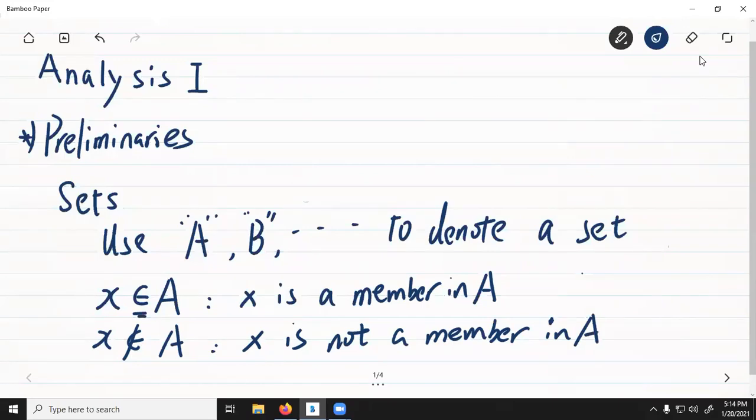Okay, and if we use A equals B, that means these two sets are exactly the same. They have the same elements. And we always describe a set using the following way.